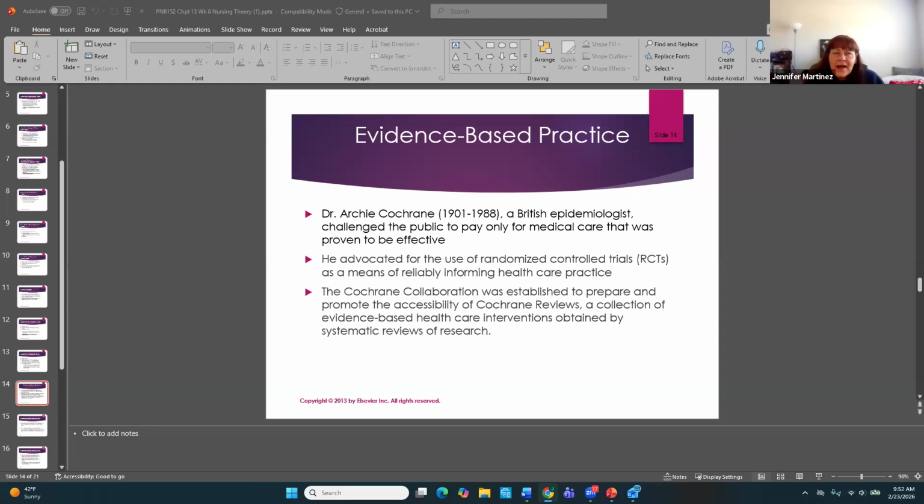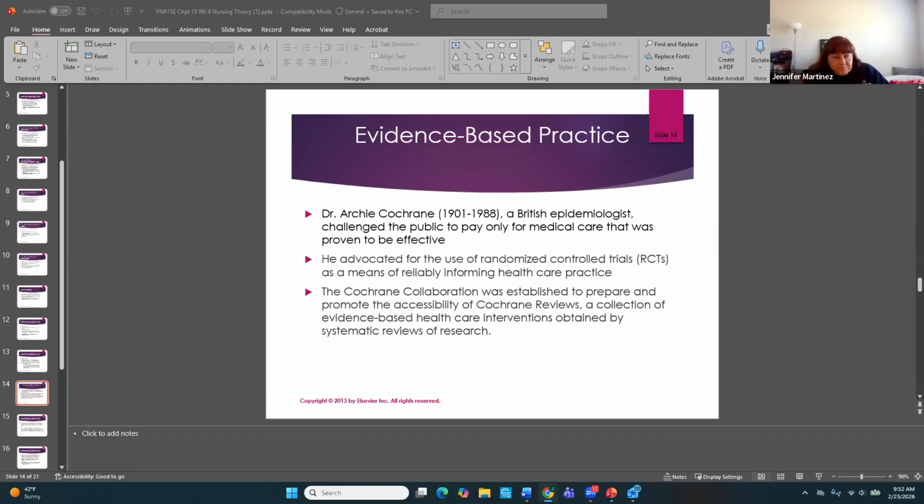So why is a Foley catheter insertion a sterile procedure versus a non-sterile procedure, right? It's the research behind what we do and why we do what we do.